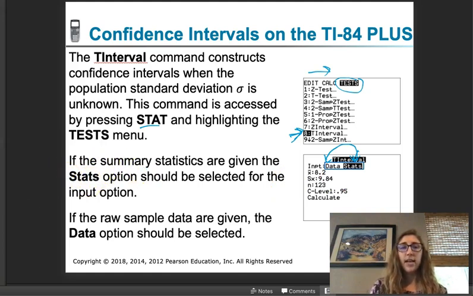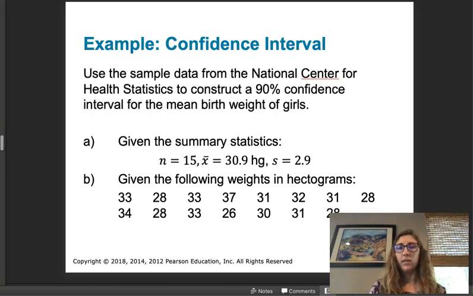So let's actually do an example now. Okay. And again, I think it's a good idea to do an example by hand and then also using the calculator. All right, so let's see. I would suggest you pausing here and giving this a shot, right? If we're doing this by hand, you first need to find your critical t value, right?